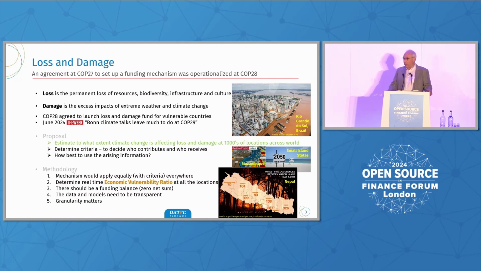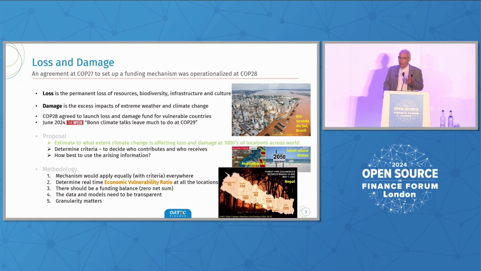And at the COP27 meeting, it was agreed to set up a fund to enable funds to be transferred to low and middle income economies where the impacts of climate change are already profound.